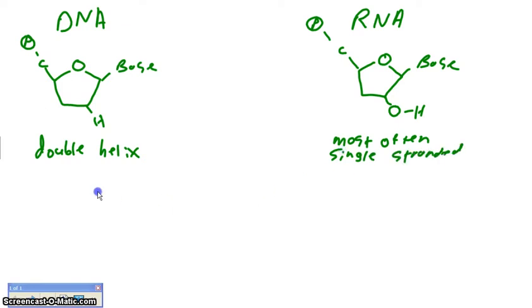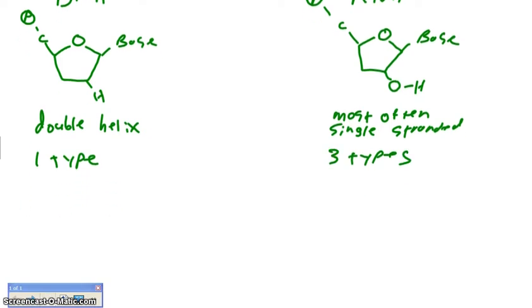For our purposes, we're going to say that there's one type of DNA. There's a couple more, but again, that's beyond the scope of this class. And for RNA, we're going to say that there's 3 types. Again, there are more, but that's beyond the scope of this class, so we'll just stick with these 3.